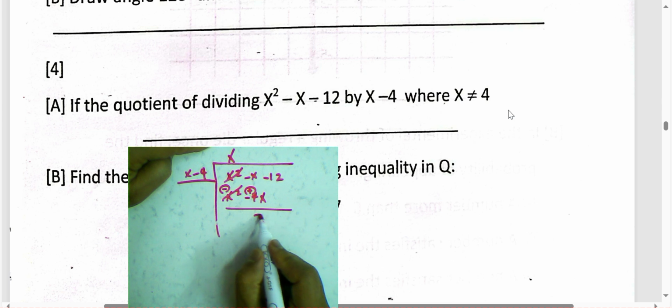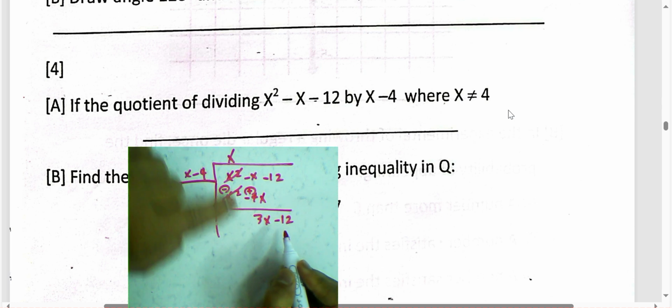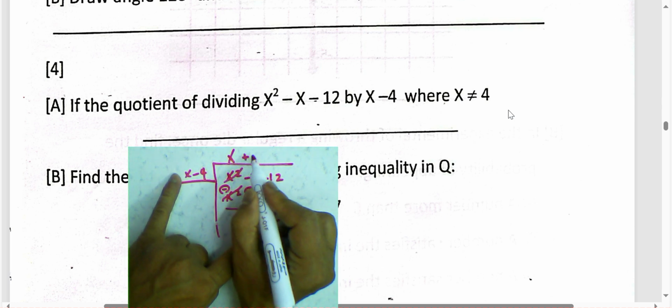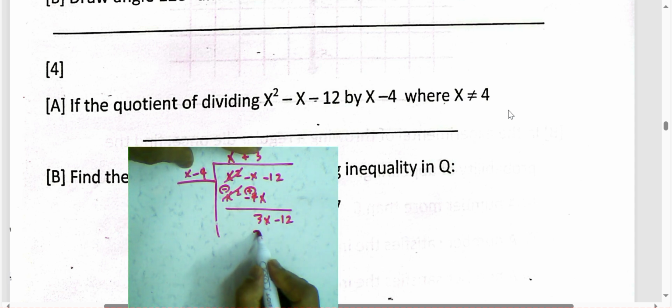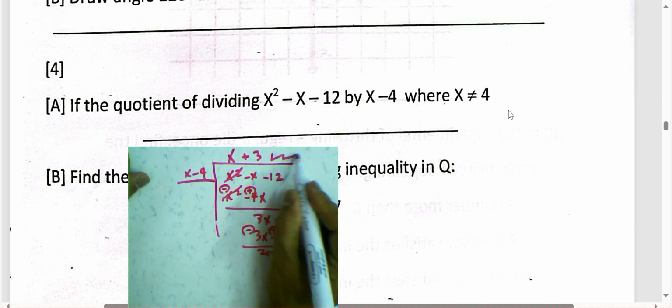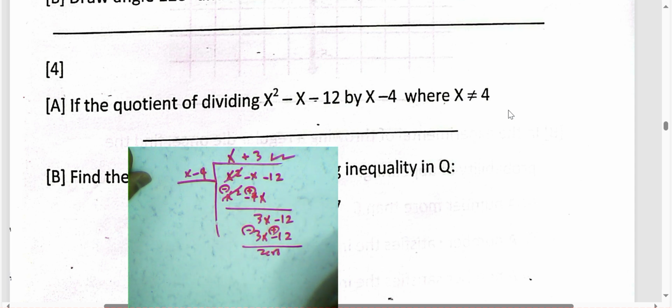Negative x plus 4x equals 3x, then drop negative 12. 3x divided by x equals 3, then write 3 times x equals 3x, 3 times negative 4 is negative 12, and change the sign. The quotient will be x plus 3.